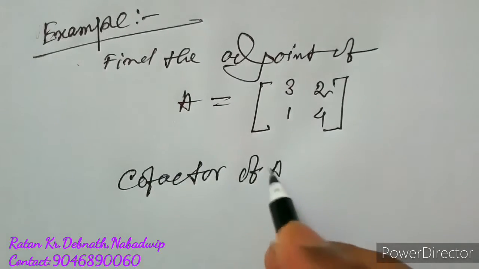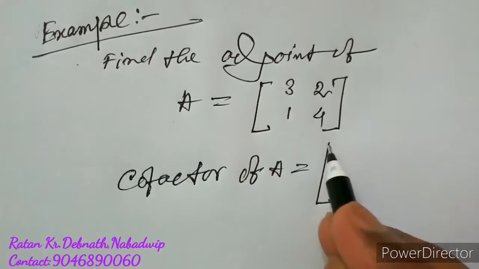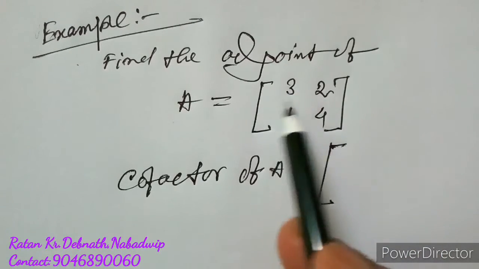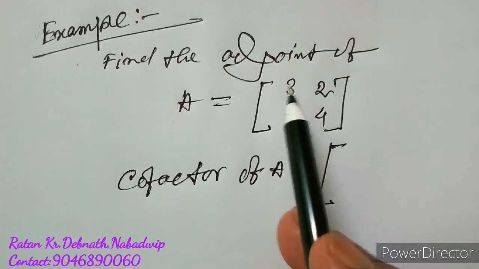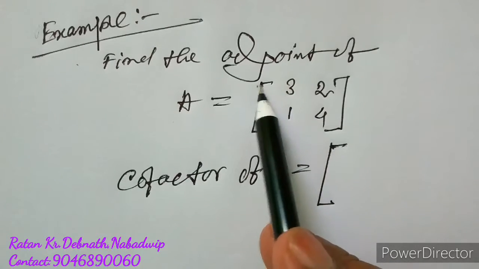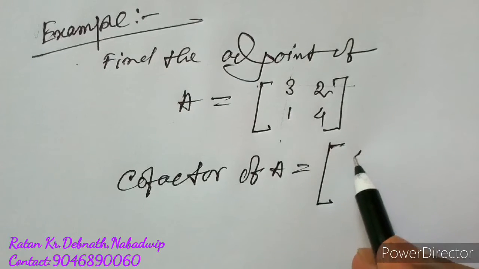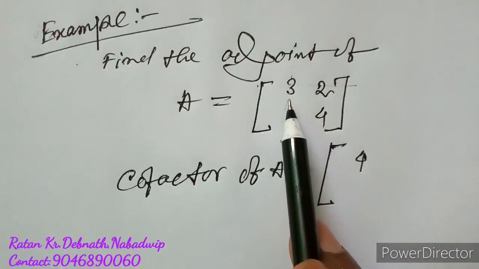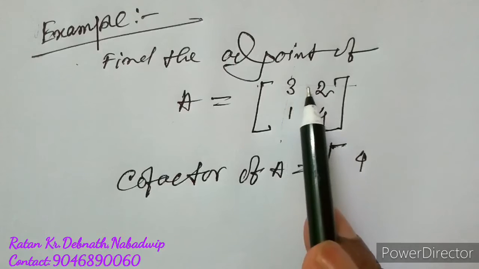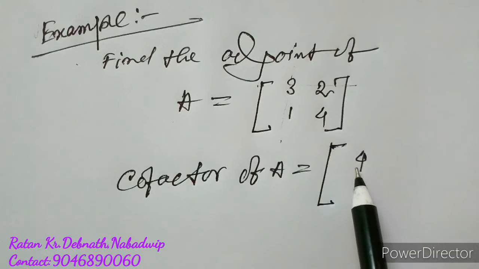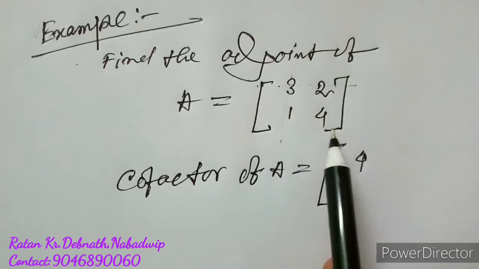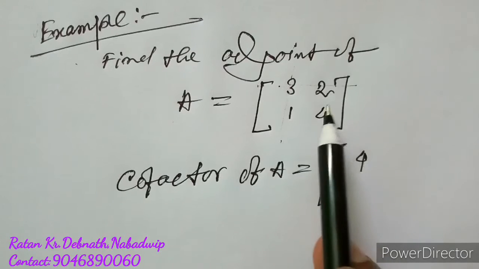Cofactor of A, cofactor of the element 3 is, you have to suppress this row, this column. So 4. The positional symbol of the element 3 is positive, so cofactor of 3 is 4.